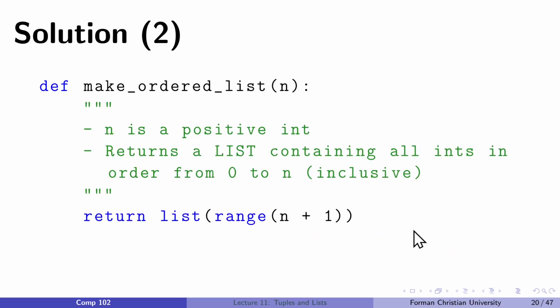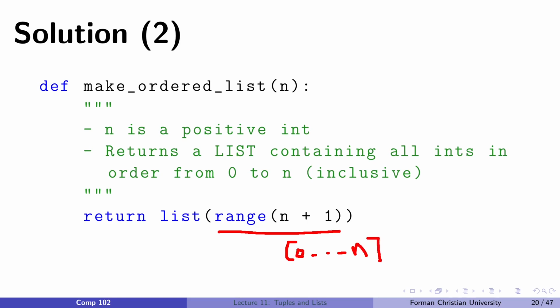There is a shorter way. Return list(range(n + 1)). So basically what we are doing here is this range, as we have seen in our loops lecture, is going to give us values from 0 up to n.